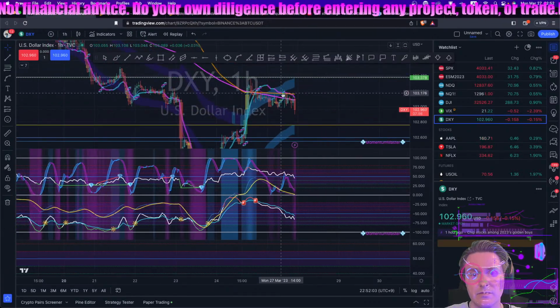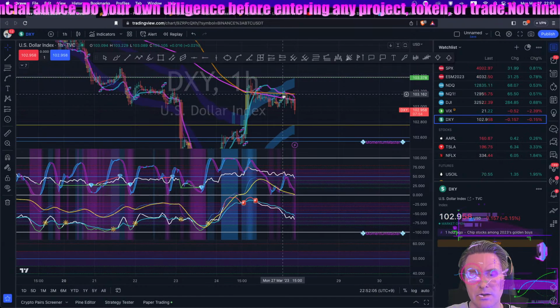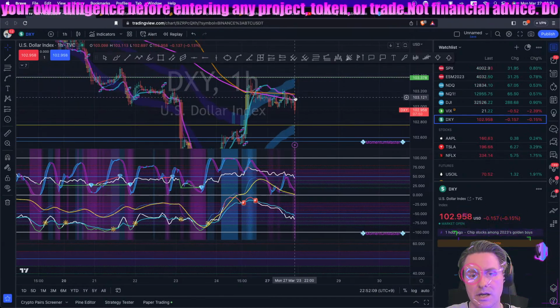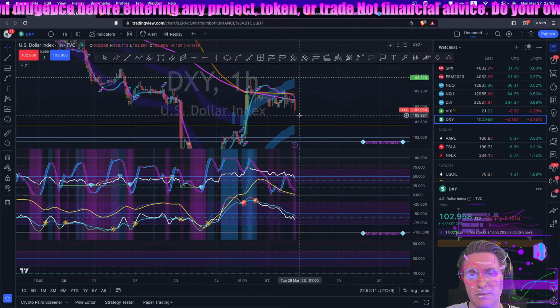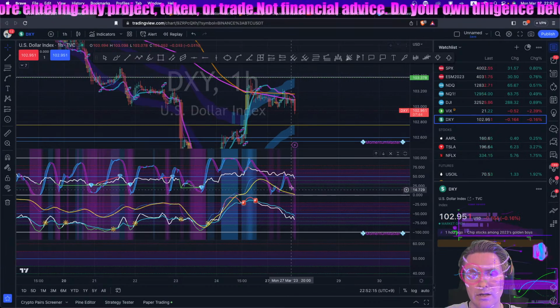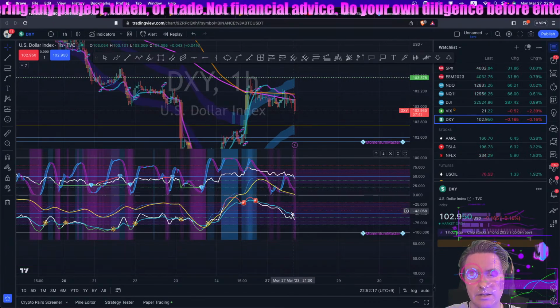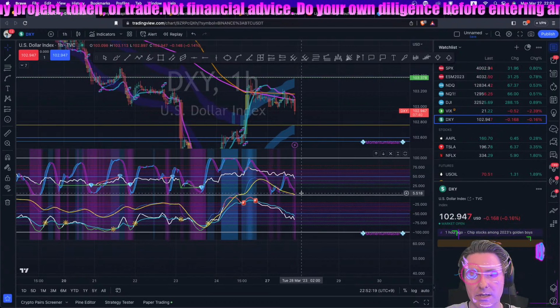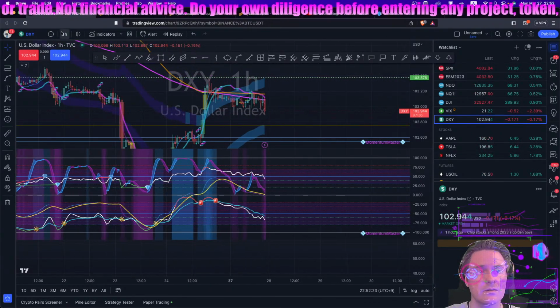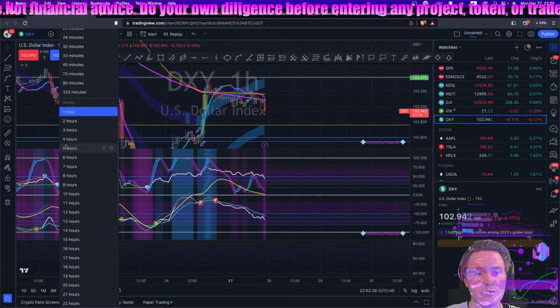Potential rejection off of the adaptive, which we talked about back here, and you could be seeing this drop down and close in that state. If it closes red, it will likely reset the stochastic and some of the Williams a little bit and bring this MACD down further. The 4-hour still has room to close.